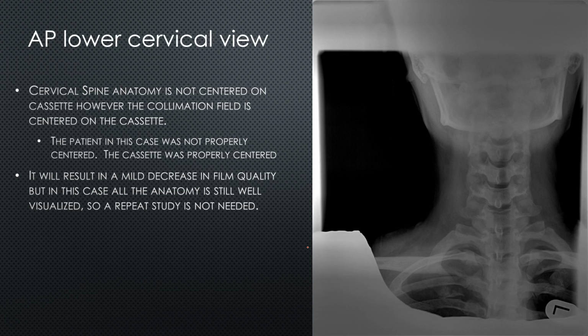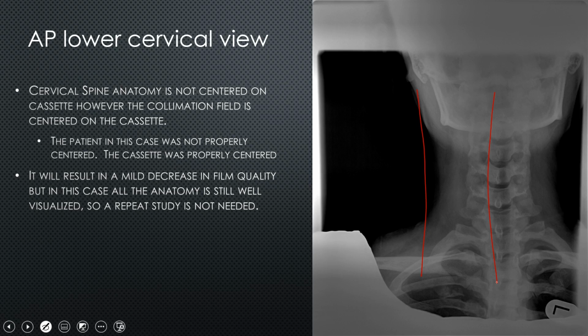So the cervical spine should be here, where I have outlined in that red. However, even though the patient isn't properly centered in this film, we do see everything that we need to. We have all of the vertebral bodies.